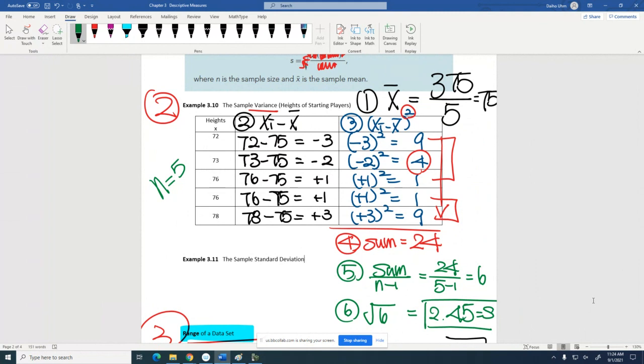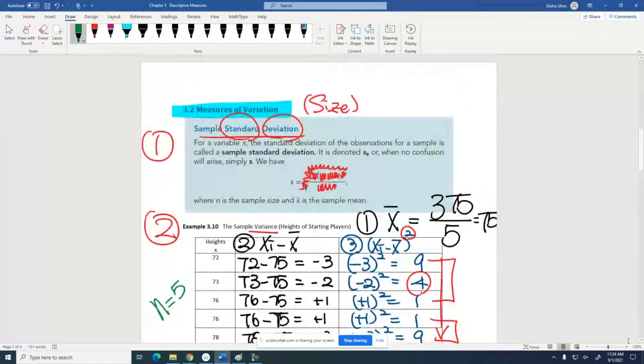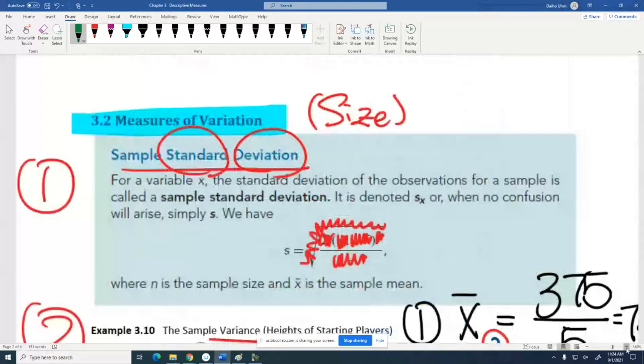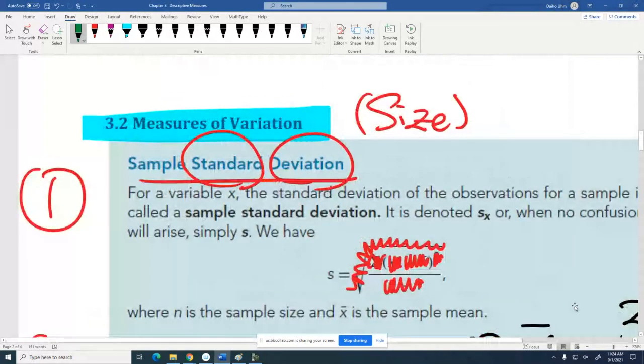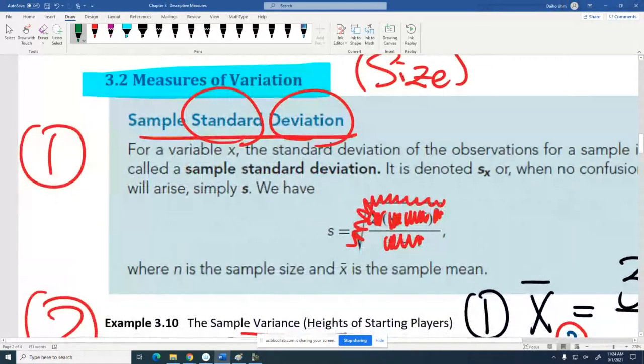Now, any question? Now, please look at the formula. What was in step number 1 again? Please remind them what we got in step number 1. What was the name of it? Average, the sample mean. Thank you.